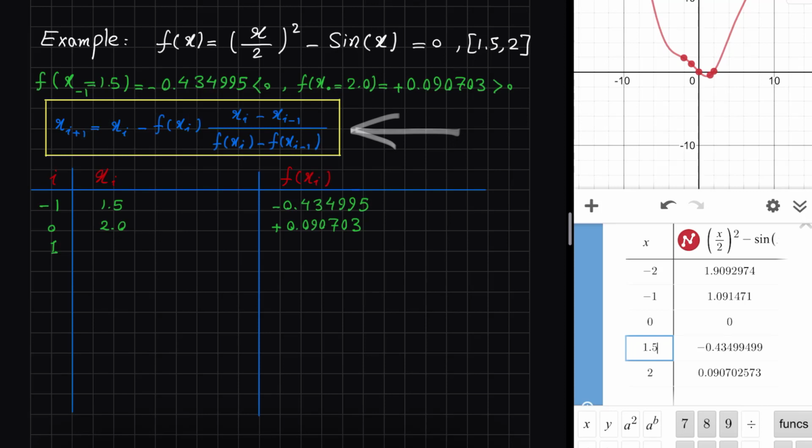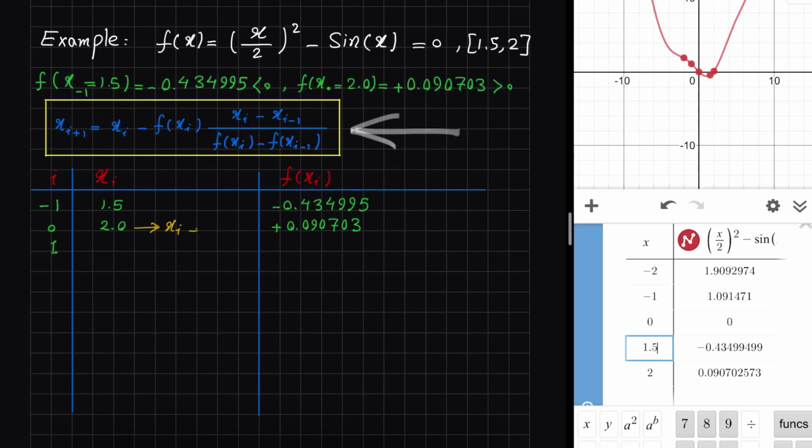Therefore, for example, for iteration 1, this value is xi.